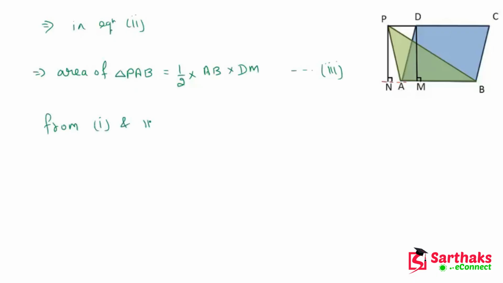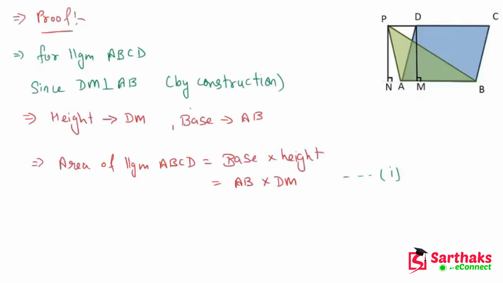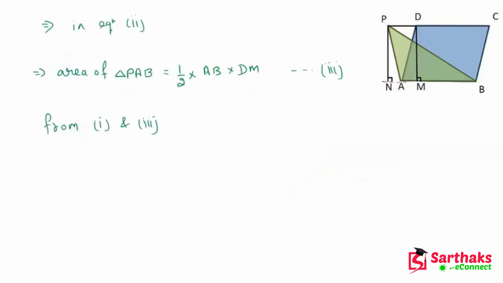Now from first and third, if you compare this, here is AB into DM, and here is AB into DM. So in place of AB into DM we can write area of parallelogram ABCD.